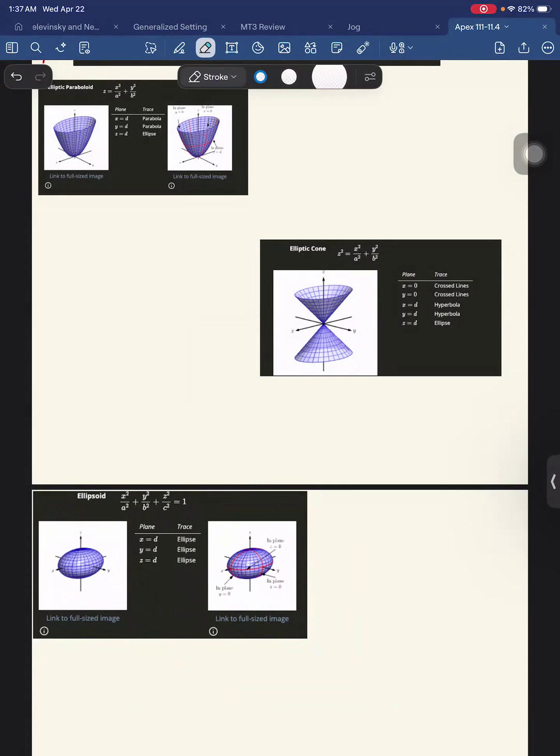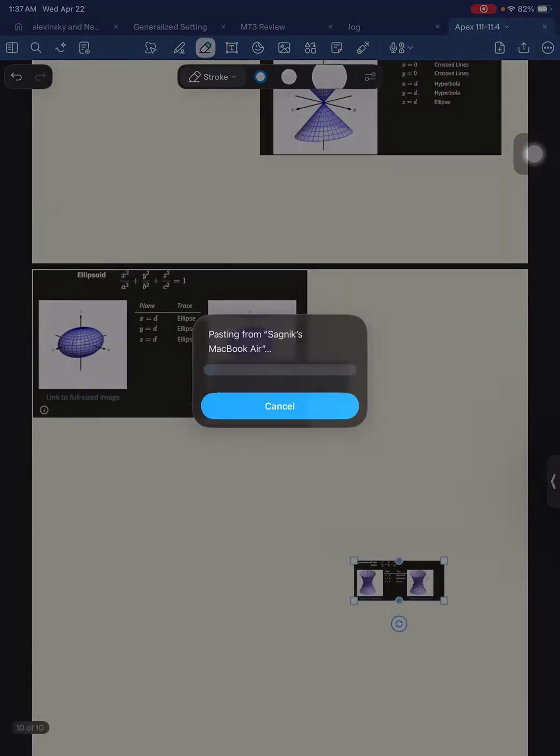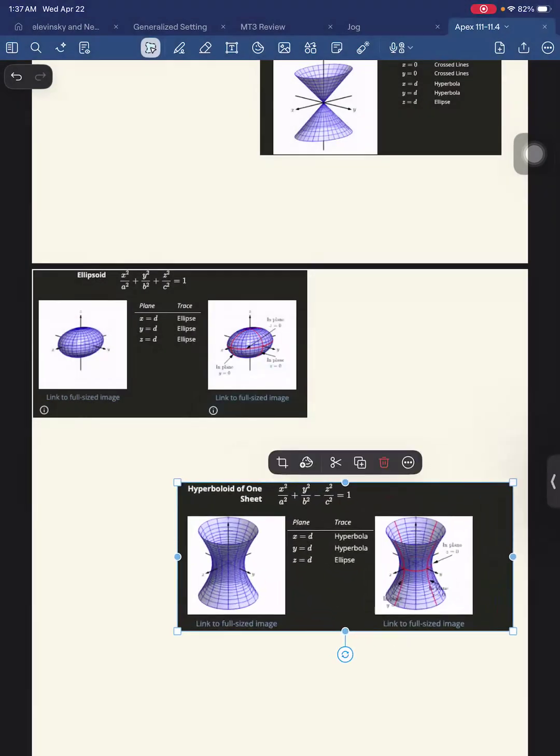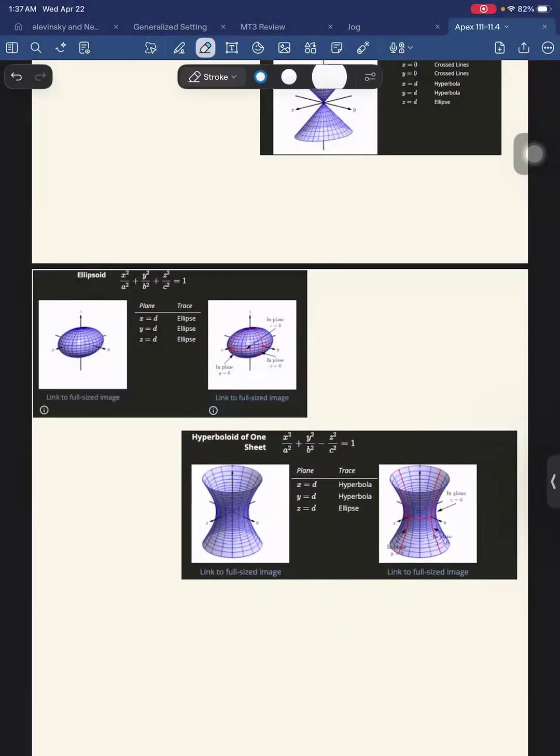Finally, hyperboloid of two sheets and the hyperbolic paraboloid.